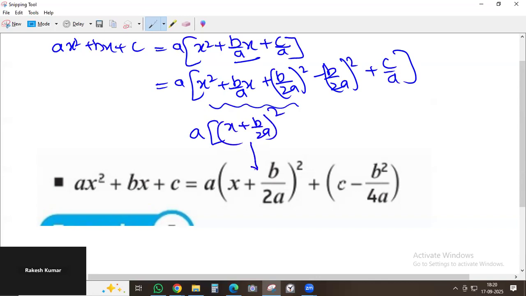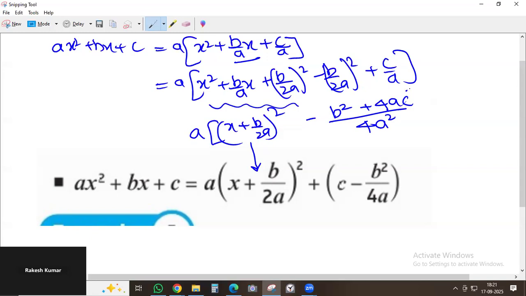So this I've got. What is this? This is minus b square, and if I take the LCM it will become 4a square, and this will become 4ac. Yeah, 4a square, 4ac.